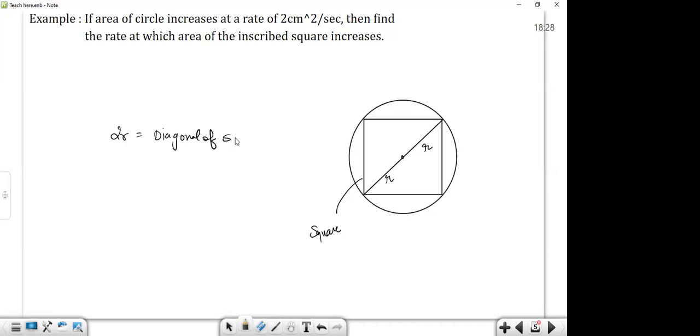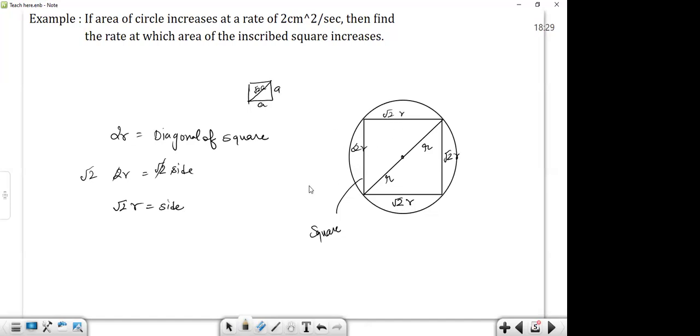And we know from our previous understanding of geometry in class 10th that a square of side a will have square root of 2 into a as its diagonal. So on comparing, square root of 2 into side is equal to 2r. This gives 2 by square root 2, which is square root 2 into r, as the side of the square. So each side is square root of 2r.